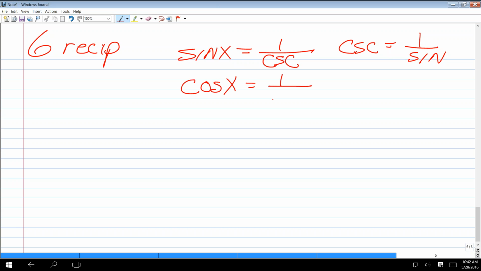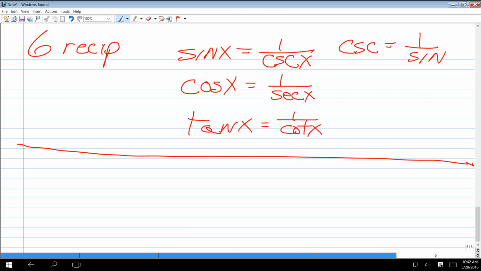What's cosine's reciprocal? Cosecant. I mean, no, secant. And tangent's reciprocal. Tangent's reciprocal is cotangent. Okay. So there's the 6 reciprocals. Must know those.